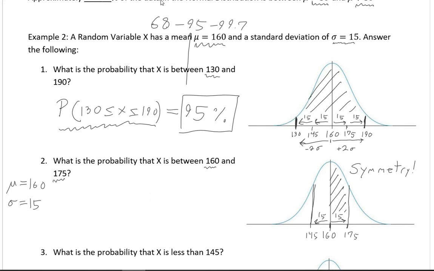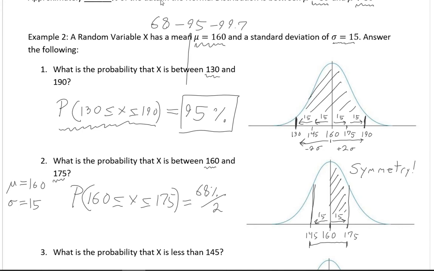So we're going to apply symmetry to this. If the area from 145 to 175 is 68%, and 160 is directly in the middle of that, that means I want half of this. The probability from 160 up to 175, this probability I'm looking for, I'm going to take 68%, and cut that in half, because I only want half of that region.